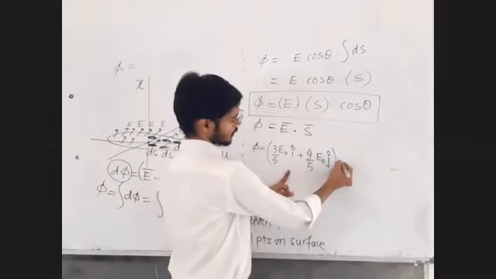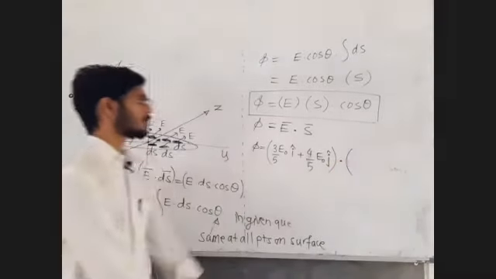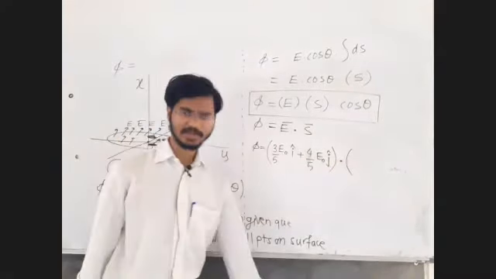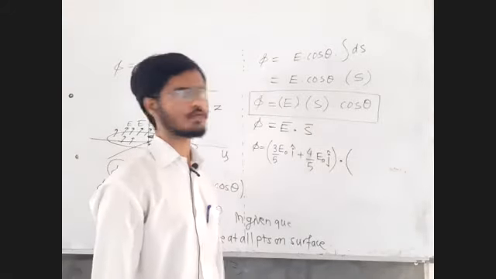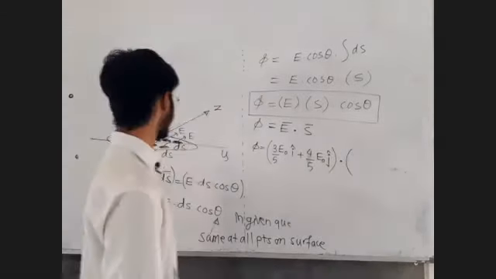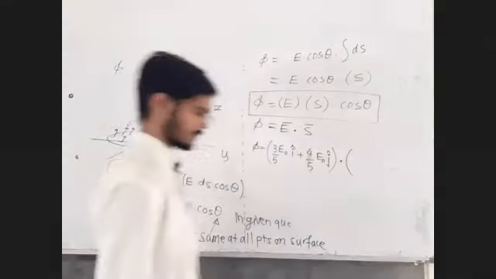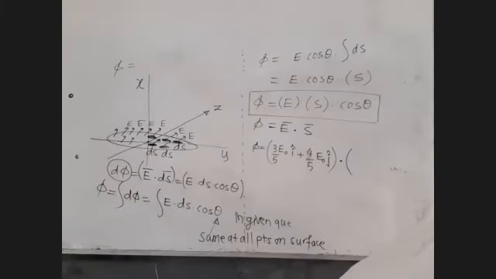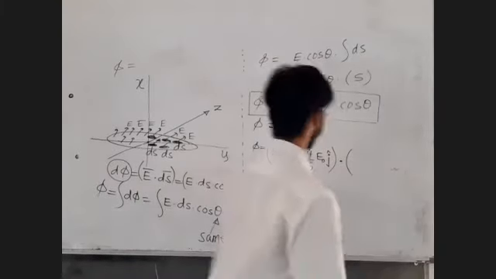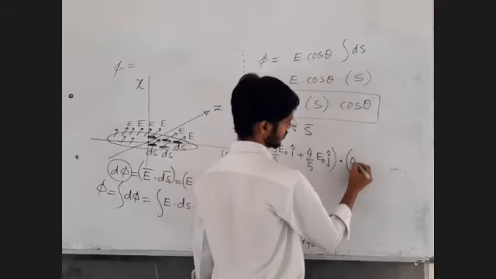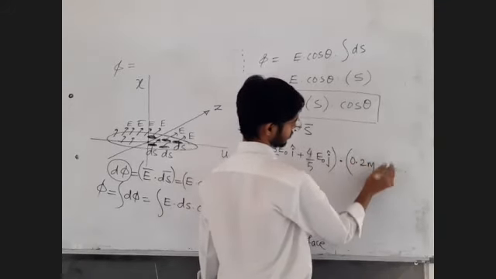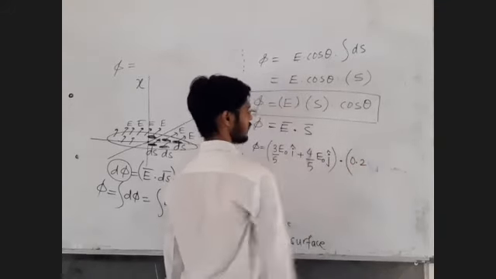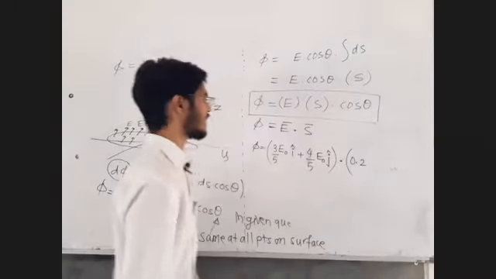Dot product with the second vector. Now the second vector is the area vector. Area vector is magnitude of area into direction of area. Magnitude of area is given as 0.2 meter square. What is the direction of area?